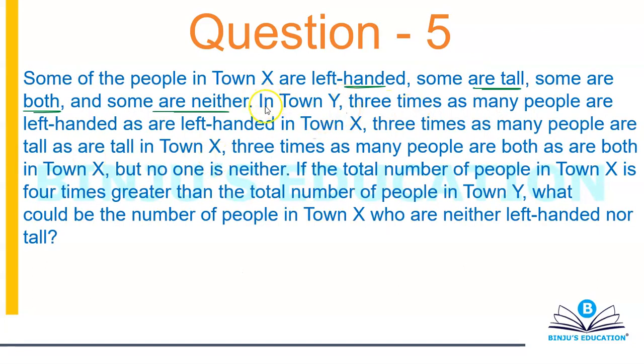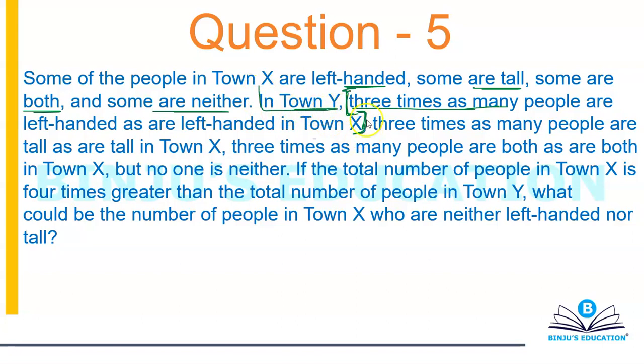Read this statement. In town Y, 3 times as many people are left-handed as are left-handed in town X. So if I take town X left-handed to be A, then town Y left-handed will be thrice of it. This is between the commas, so you're done with this piece of information and you can remove it. Now again, read from here.